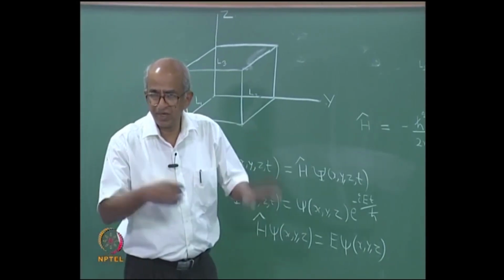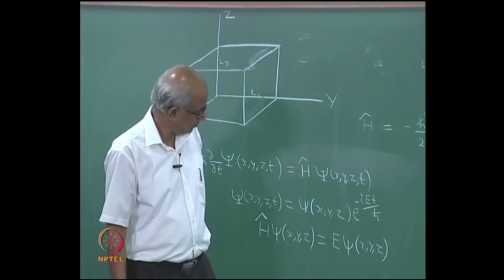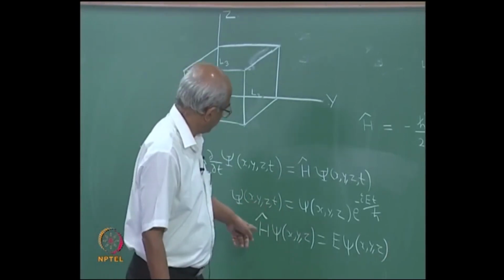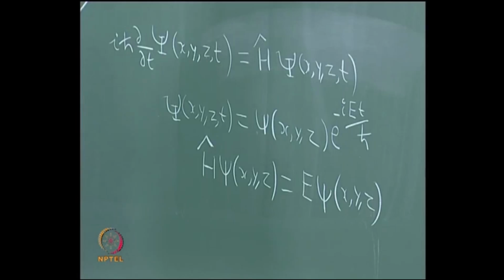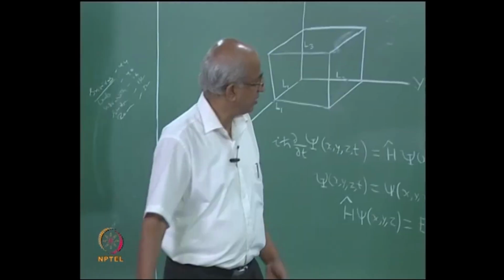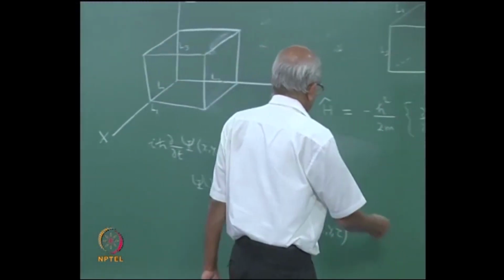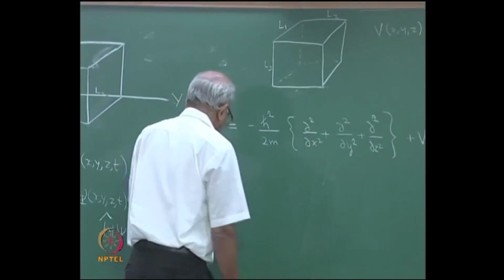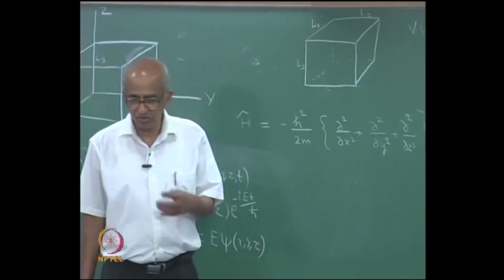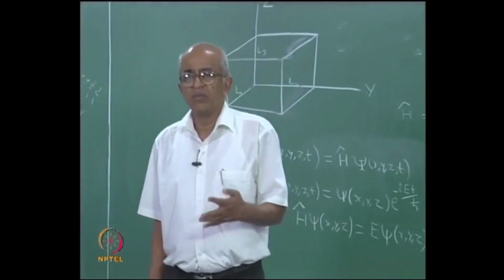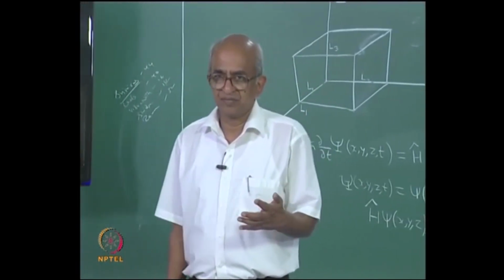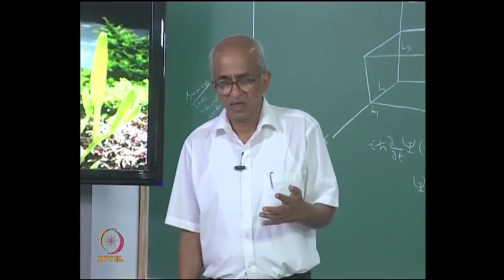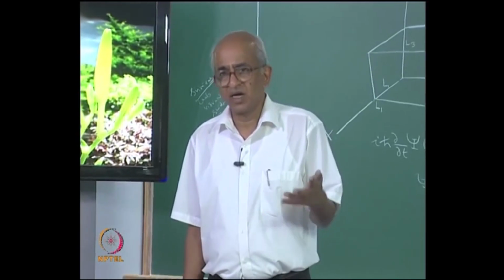That is what we have learned till now. So, therefore, we will worry about this equation H psi is equal to E psi and we want to solve it. But the moment you look at this equation you realize that it is a partial differential equation, and partial differential equations are difficult to solve.